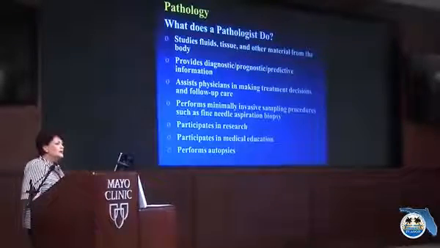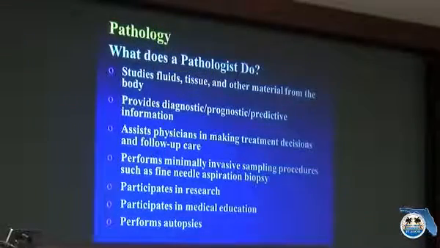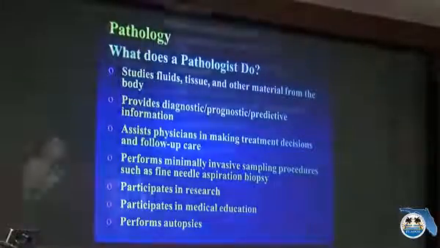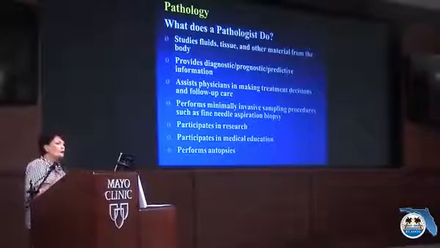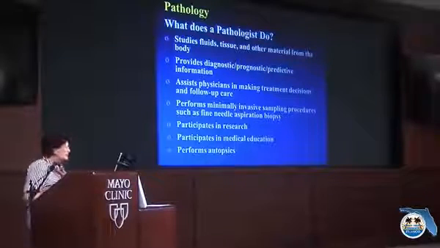So what does a pathologist do? We study fluid, tissue, and other material from the body, whatever is being taken out as a biopsy, surgical specimen, body fluid, anything that can be a part of the body of a patient, that is often sent to the pathology department so we can take a look at it, examine it, and see what the nature of that specimen is.